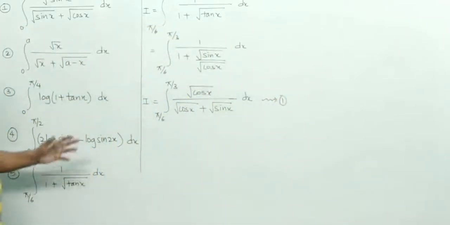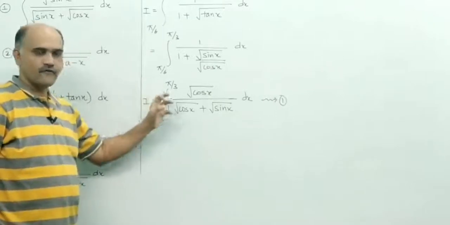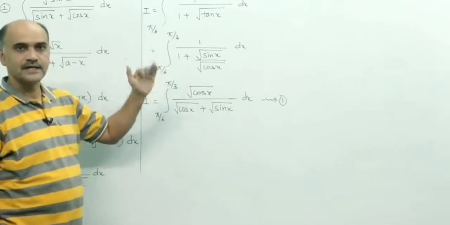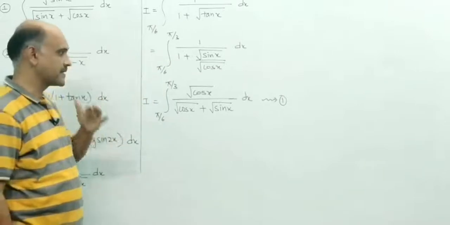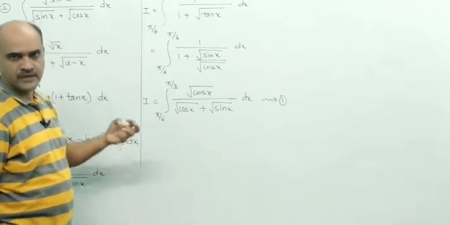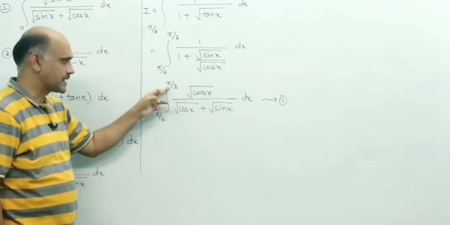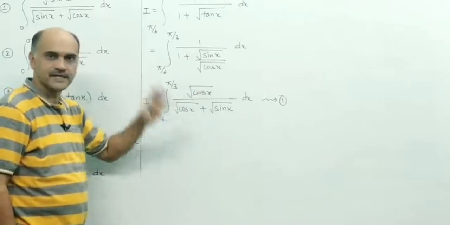Now using property P3, that is the integral from a to b of f of x dx can be written as the integral from a to b of f of a plus b minus x dx. By using that property, in place of x I can write pi by 3 plus pi by 6 minus x.